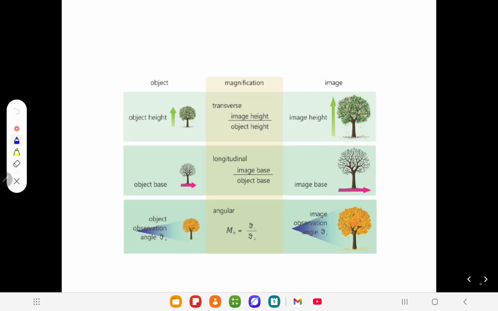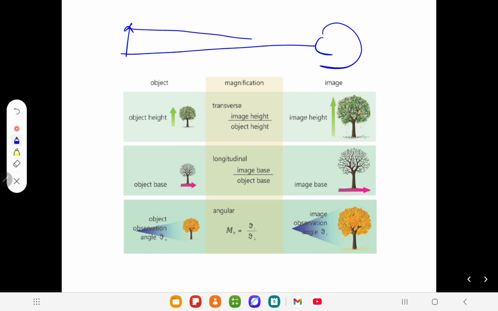Simple thing. So let me explain with this figure. First, this is the object and this is the eye. The object makes a certain angle, which is theta object. At the same time, let me draw here only.